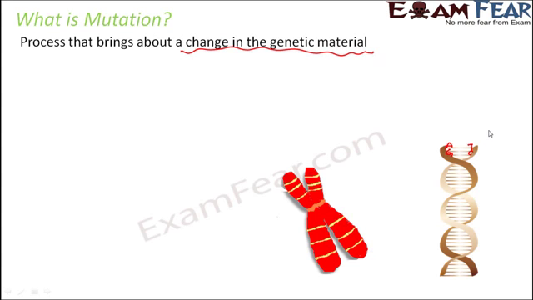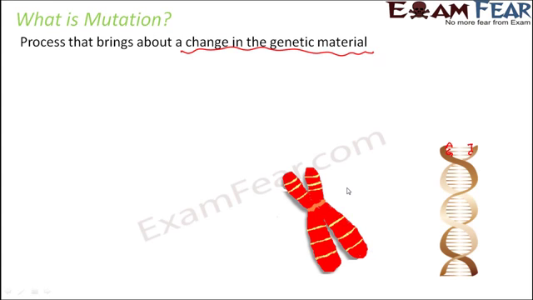So this is how your DNA controls the traits, or you can say this is how genes control the traits of an individual. So when we say change in the genetic material, there can be a change in the sequence of bases in the nucleotide. There can be a change in the structure of the DNA. There can be a change in the structure of the chromosome. So there can be any changes with respect to the chromosome or the gene or the DNA.